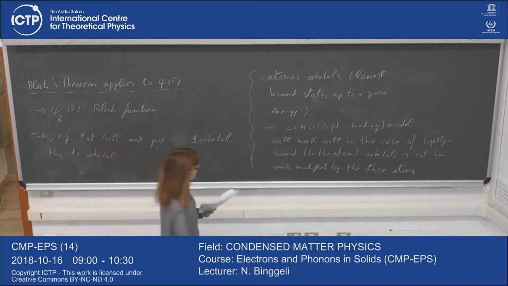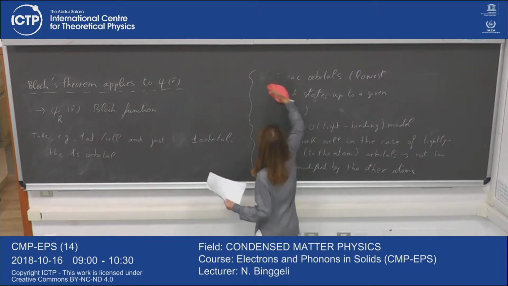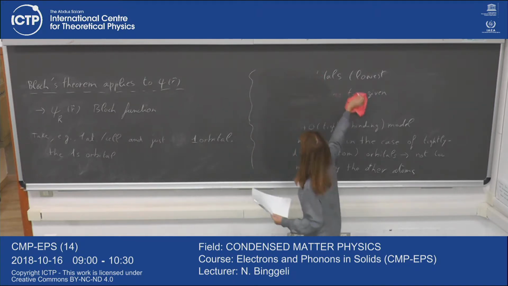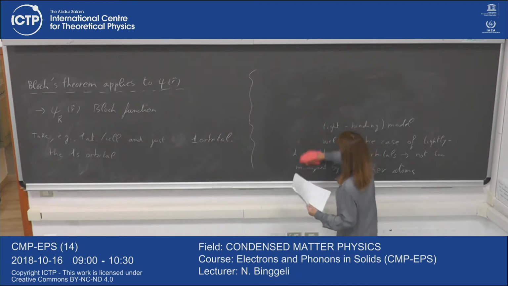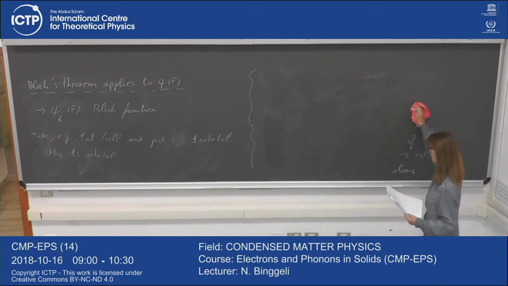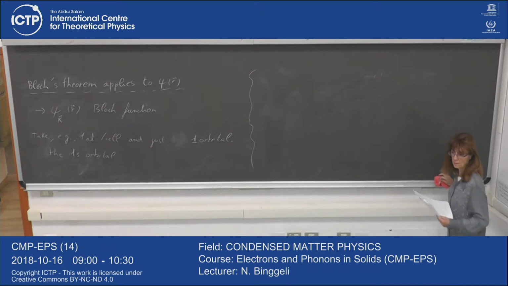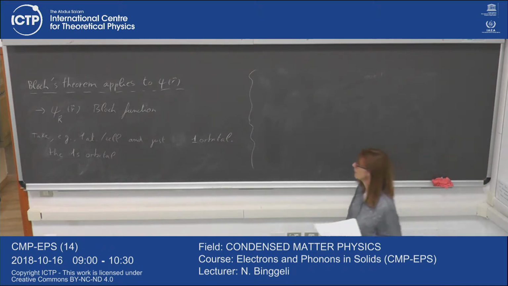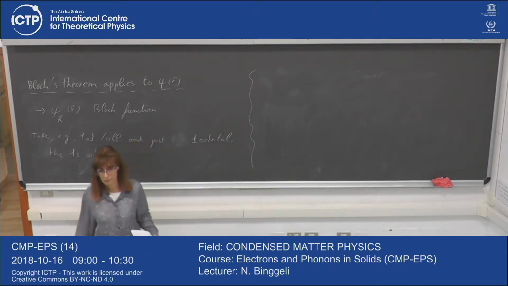Then the Bloch state for k equals 0 is easy. This one can be straightforwardly guessed or obtained. It's just summing over all the atoms in the crystal, in the Bravais lattice, the 1s orbital on each of the atoms.